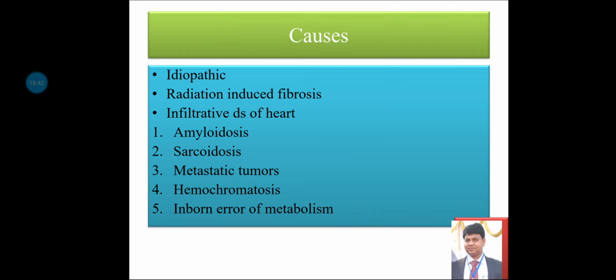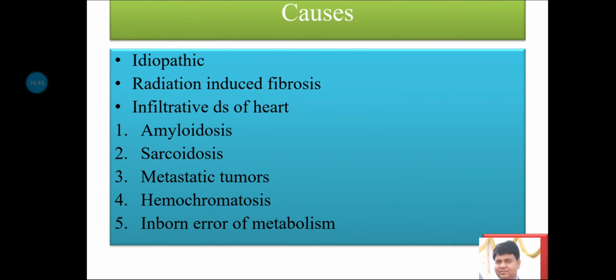In this category we see amyloidosis, in which there is extracellular deposition of abnormal protein, and sarcoidosis, in which there is formation of granulomas in the ventricular wall. There may be metastatic deposits of tumors, hemochromatosis due to iron overload, and inborn errors of metabolism. These are a few causes of restrictive cardiomyopathies.